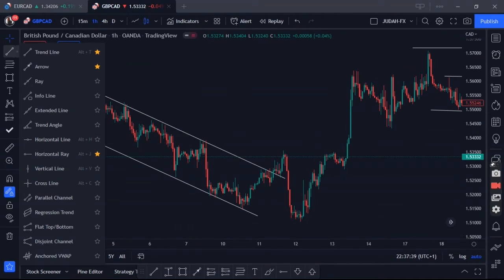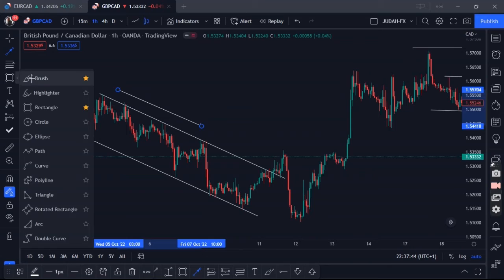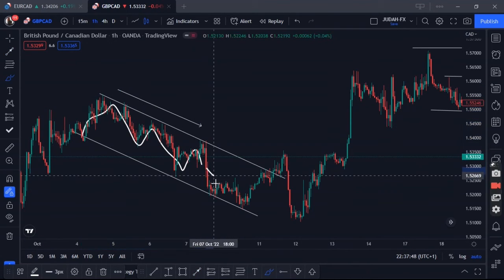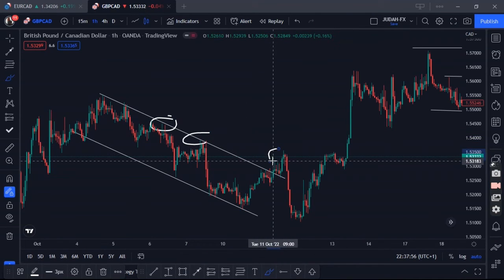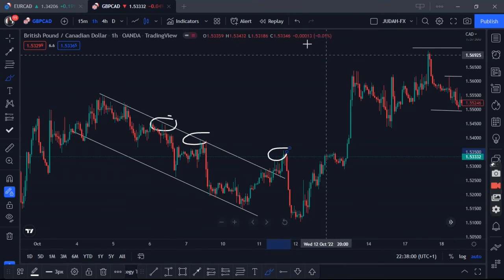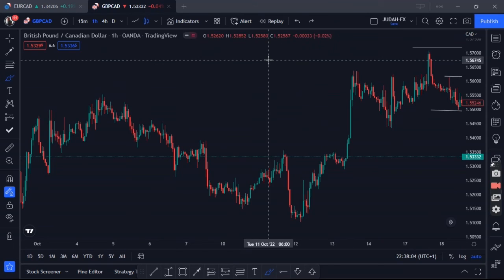That gives you the direction, gives you the channel. In this channel, you can see that price keeps bouncing up and down like this. That tells you that that's the downtrend, and then you can basically take trades all the way here, and you would have lost here, but price still eventually went back down. So that's basically market structure.